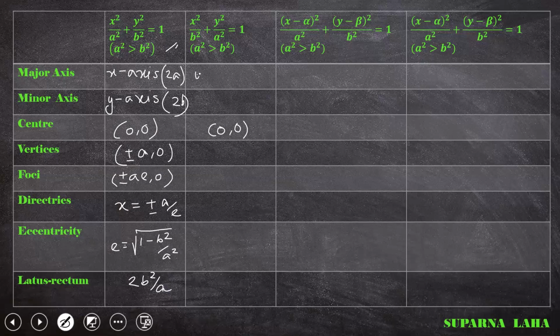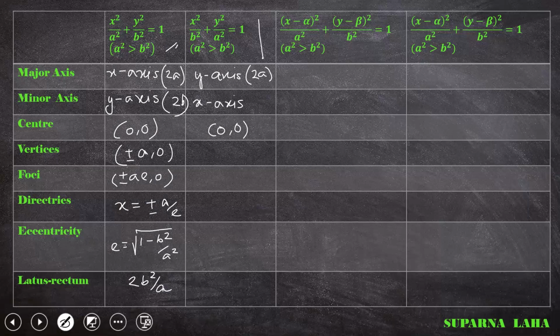So here the major axis is the y-axis and the length is 2a. Clear? I'm taking the major axis as 2a, just changing the axes x to y and y to x. And the minor axis is the x-axis.